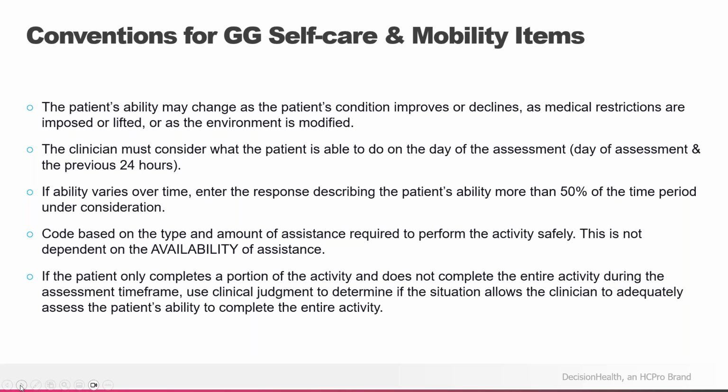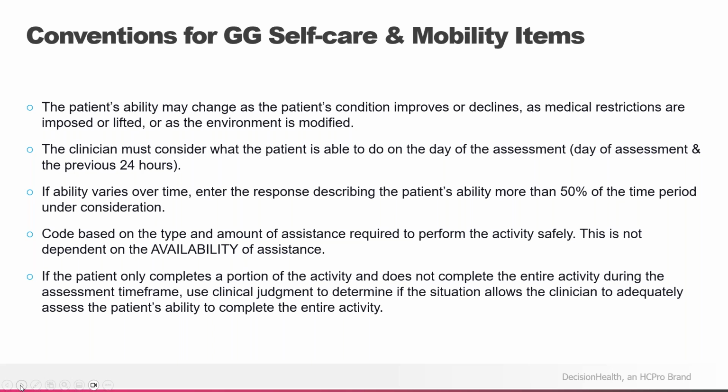If the patient only completes a portion of the activity and does not complete the entire activity during the assessment time frame, we're going to use our clinical judgment to determine if the situation allows the clinician to adequately assess the patient's ability to complete the entire activity. So they get started and for whatever reason they can't finish the task. Maybe somebody comes in, all sorts of stuff come up, but they don't finish it.